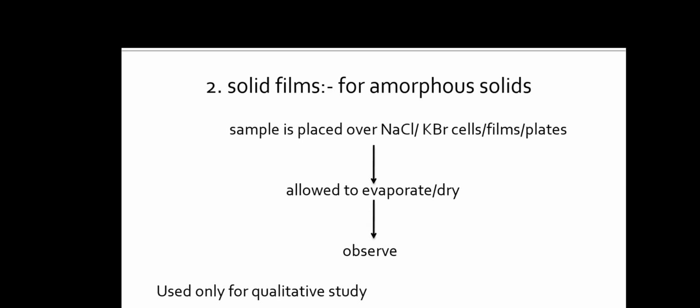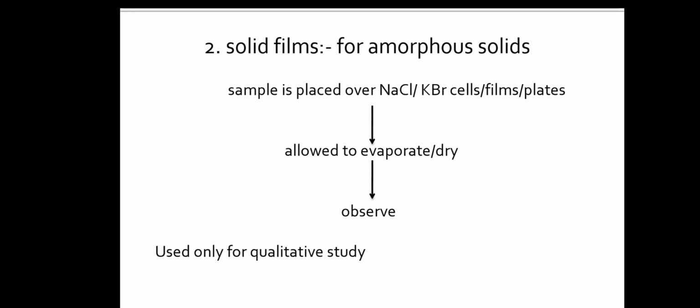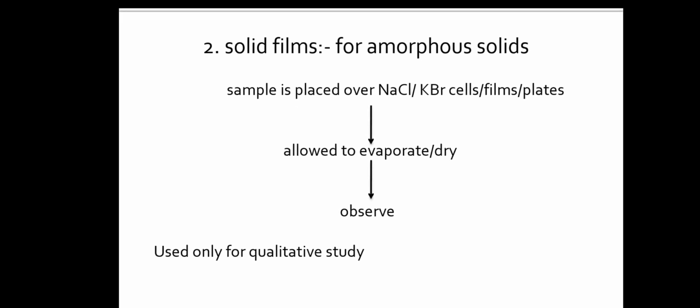The second type of sampling of solids is solid films. This is done for amorphous solids, in which the sample is placed over NaCl or KBr films or plates, and the sample is let to evaporate or dry, and then it is observed. This type of solid film technique is used only for qualitative study.